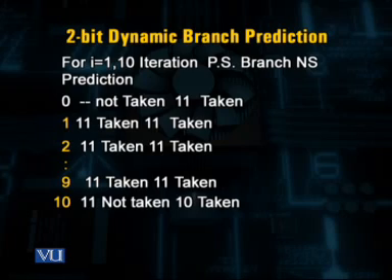Then in the first iteration, the present state is 1, 1, the branch is taken, therefore the next state remains unchanged. And it changes only at the 10th iteration when the present state is 1, 1 and the branch is not taken, therefore it changes to the value 1, 0. So this means that in this particular case, the prediction fails only once.